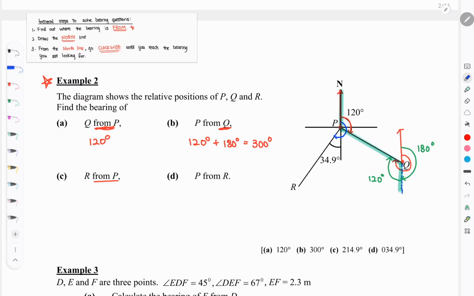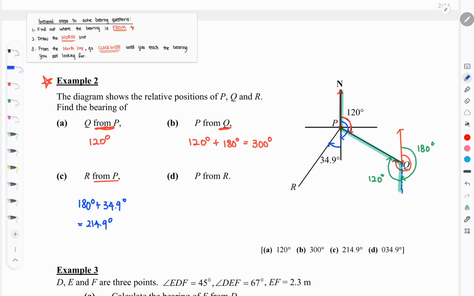First, I have my 180 degree. Then I have my 34.9 degree. So now I can just take 180 degree plus 34.9 degree. This will give me 214.9 degree.